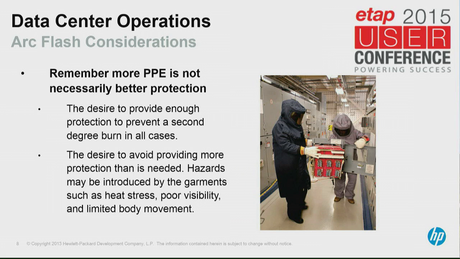And a lot of the mundane tasks that you do manually on a switchgear or a piece of electrical equipment get incredibly difficult to do in these protective environments. So more PPE is not necessarily the best answer. Just don't say, hey, PPE 4 everywhere, you can't do anything unless you're in PPE 4. That's not a valid solution either.